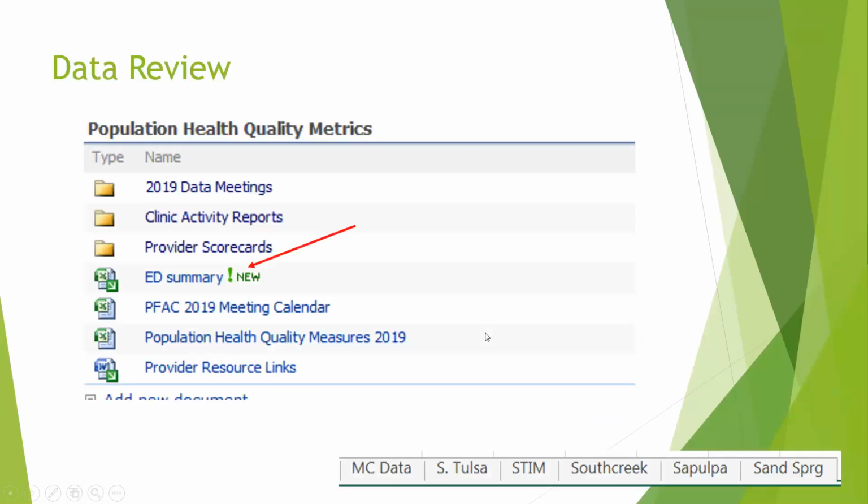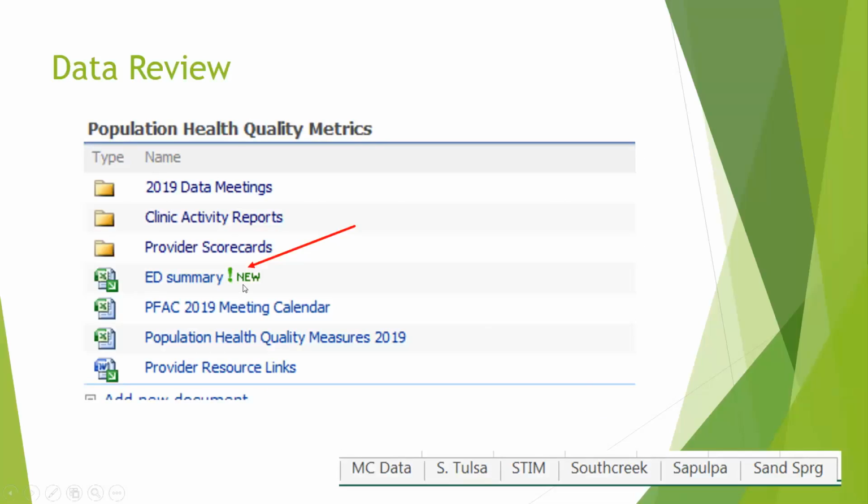day frequent ED visits. So what we've created is a place for you to get this information by your clinic that will actually allow you to see who those patients are. If you go out to our UPC CPC Plus Connect site, you'll find a new report under the topic Population Health Quality Metrics. It says ED Summary.